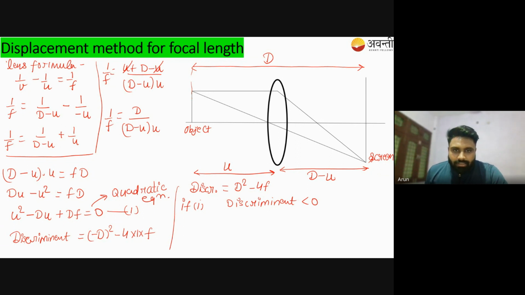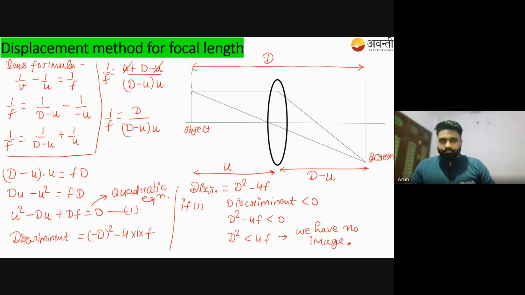It means if D square minus 4Df is less than 0, meaning D is less than 4f, we have no image. Got it? So we have no image because this is the condition for imaginary roots, and imaginary roots are not real. And we are interested in the real value.